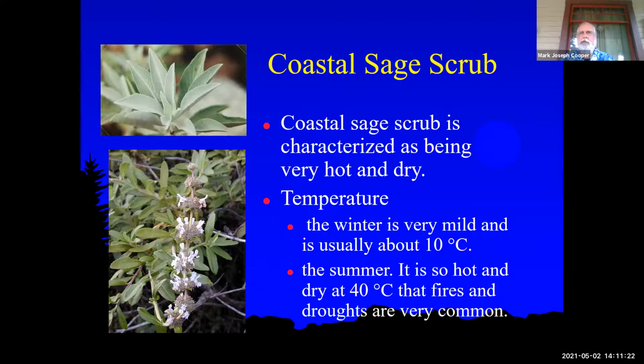The problem is because we have so much fuel buildup, because we don't allow fires, what we're ending up with is these very hot, intense fires that pretty much kill just about everything. So we have destroyed the fire cycle because Smokey the Bear tells us that fire is bad.